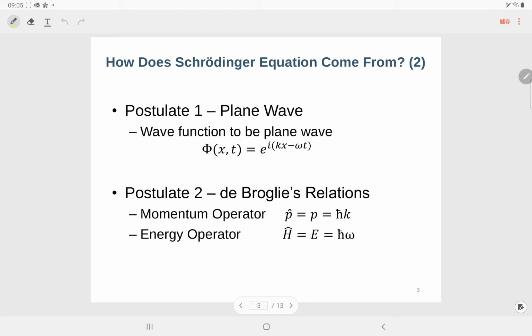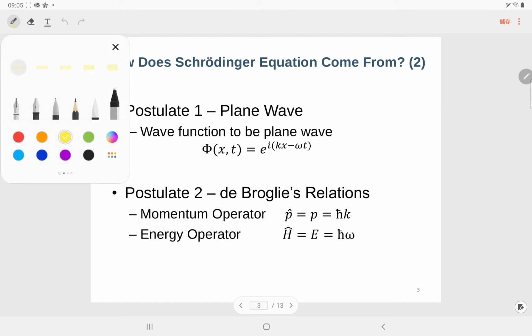And the second one is the de Broglie relations, which is actually p equals h bar k, and also E equals h bar omega, which is the momentum and also the energy. Yesterday I already mentioned that the operator is something that operates on the wave function.